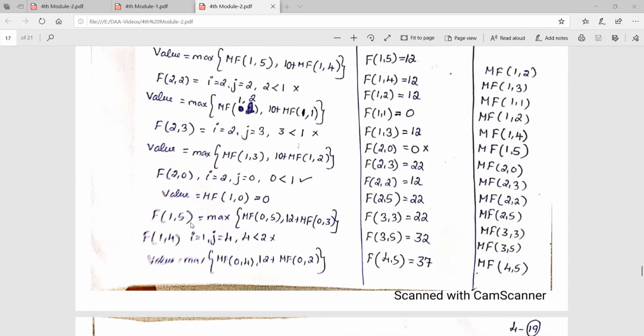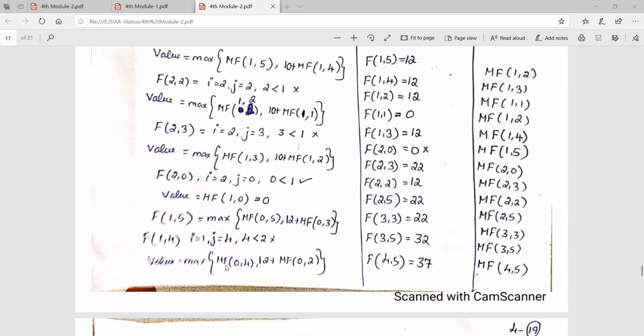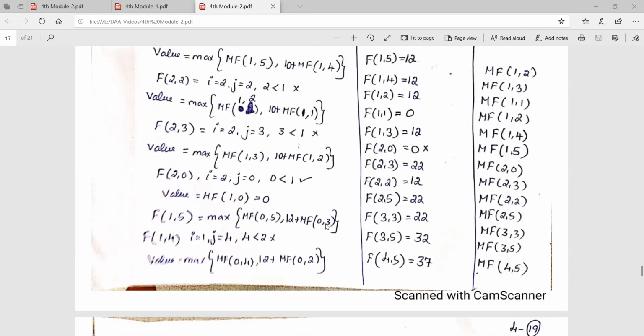So what is the j value? j value will be 5. So what is the w value? That is the weight of the first object. Weight of the first object is 2. So 5 minus 2, the value we are having 3. So 0 comma 3. Okay.